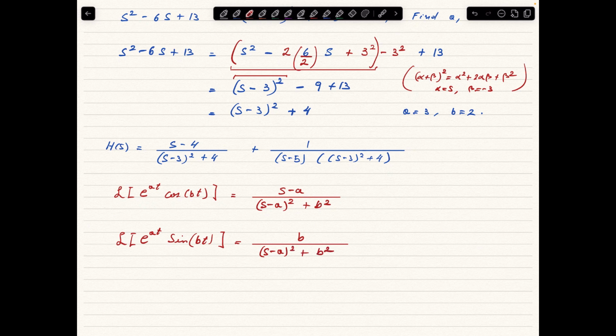So clearly we should be using this. You see, this denominator is what we have here for a equal 3 and b equal 2.